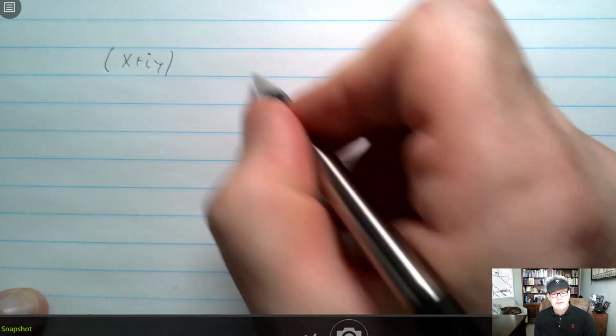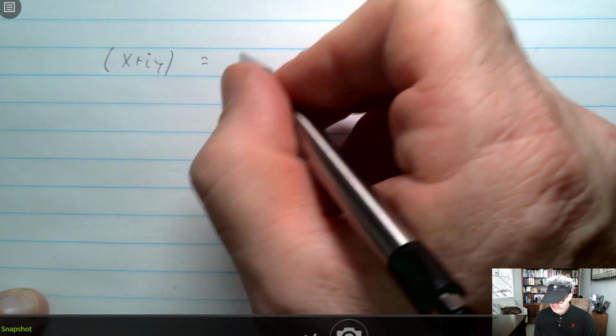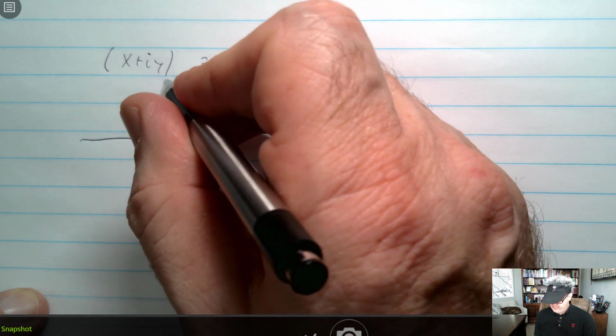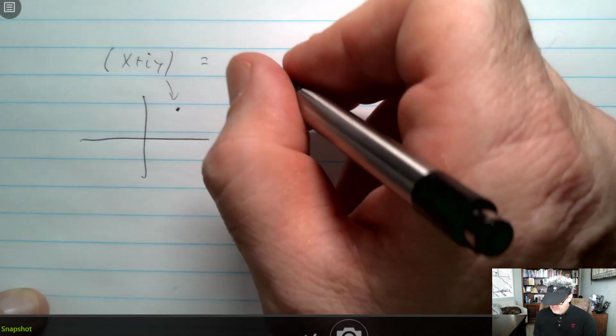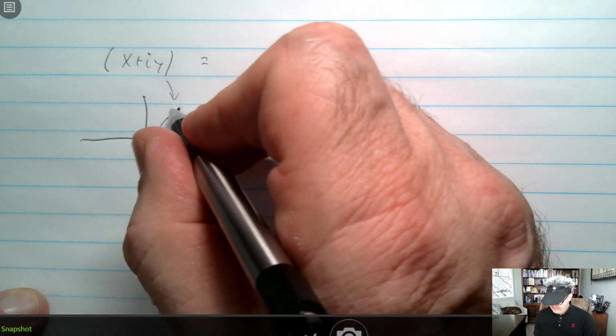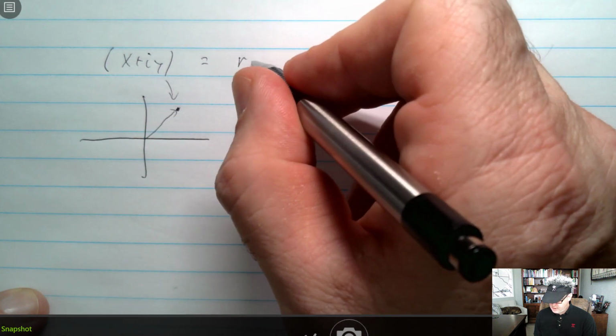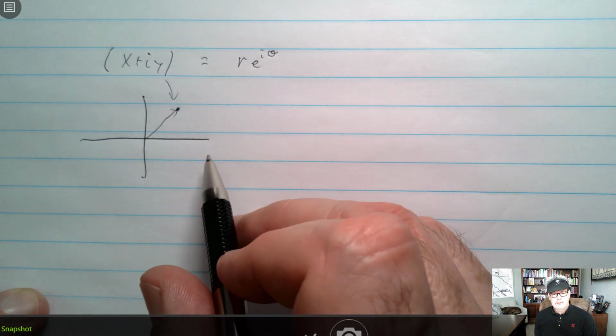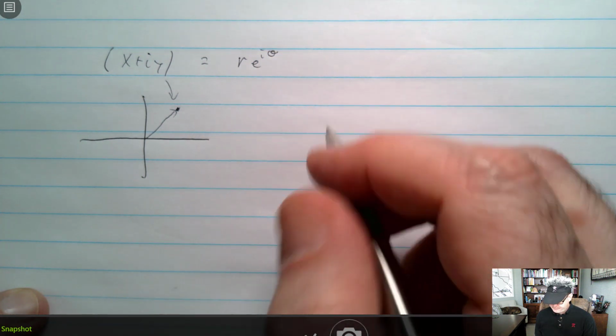To generalize this, we're going to think about complex numbers. We can think of them in two ways: x plus iy, where you go a certain amount in x and a certain amount in y. But you can also, in polar form, think of it as r e to the i theta. So either way you get to that point.